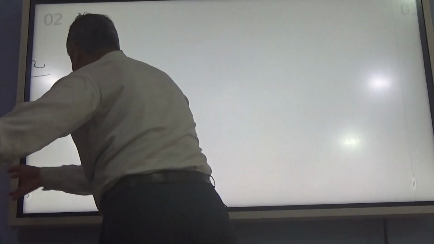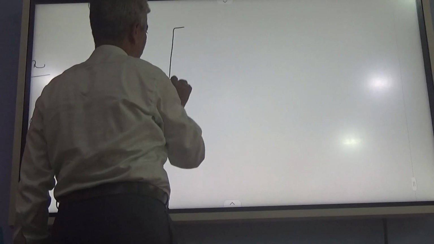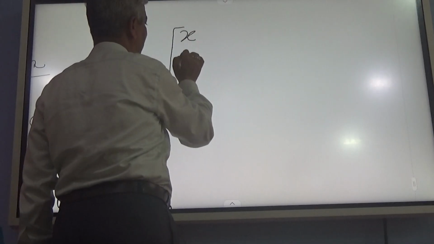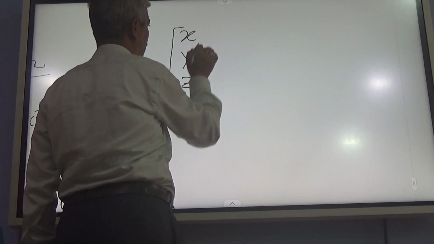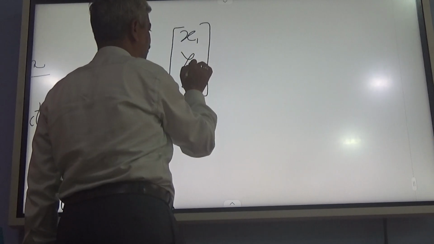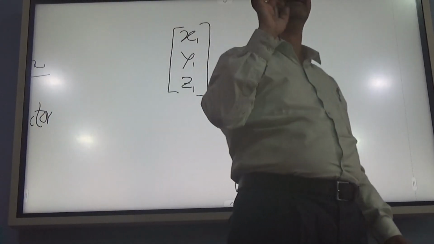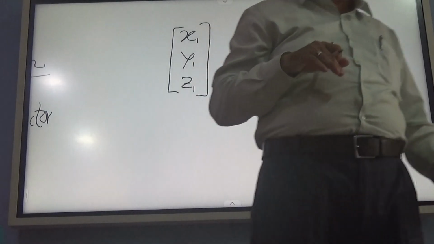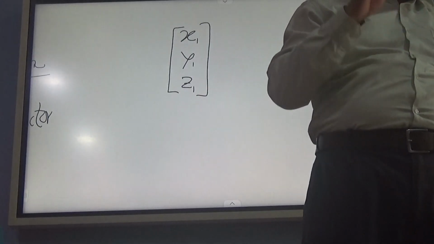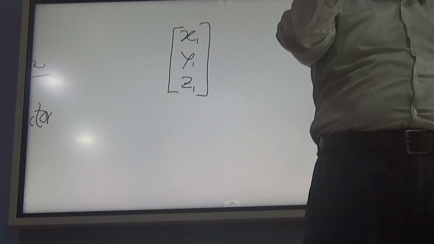I'm trying my level best to keep the thing simpler for you. X coordinate, y coordinate, z coordinate, and this I will say as x1, y1, z1. It is the input. So x1, y1, z1 is an input vector.